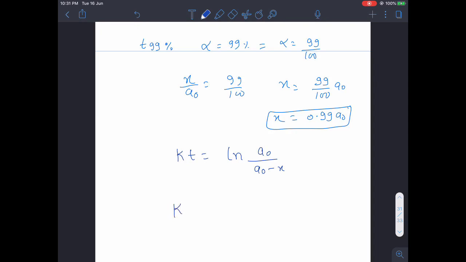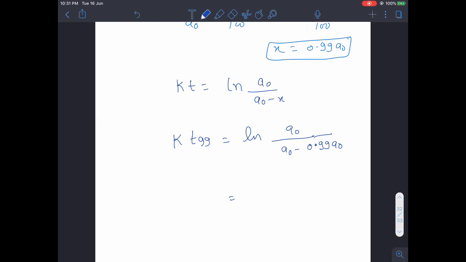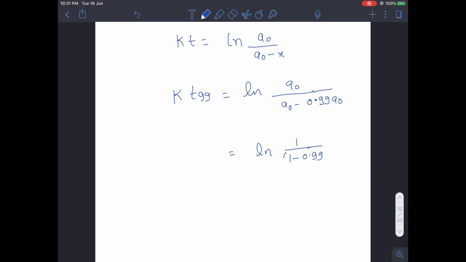So this will be k and this will be t 99%, that will be equal to ln a naught upon a naught minus 0.99 a naught. Now if you solve this, a naught will be cancelled out. So this will be 1 upon 1 minus 0.99, which will be 0.01.